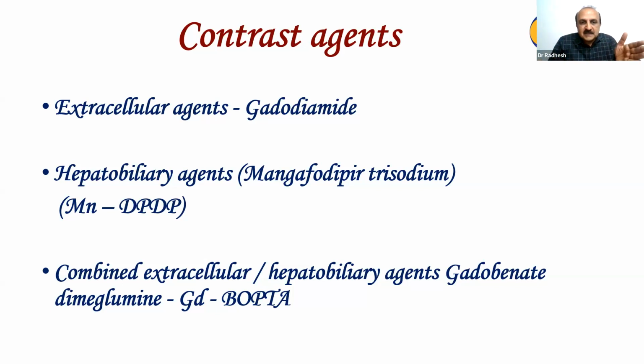What do paramagnetic substances do? Paramagnetic substances reduce the T1 of the tissue. So let's take an example. How does fat look on T1? White. So now that fat has X value for it to look white.